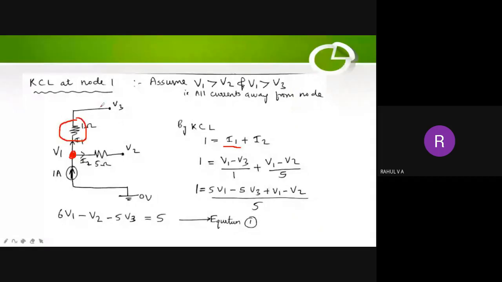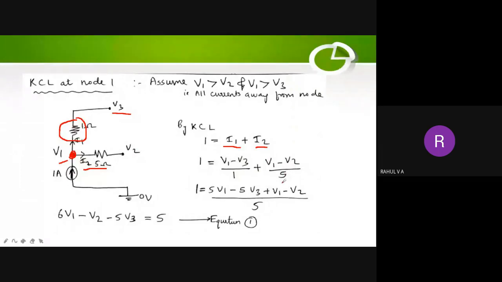So potential difference divided by resistance value, you have to find out: V1 minus V3 divided by 1 plus, what is I2? I2 is the current flowing through the 5 ohm resistor. So the potential difference across the 5 ohm resistor is V1 minus V2. V1 minus V2 divided by 5 you have to write.